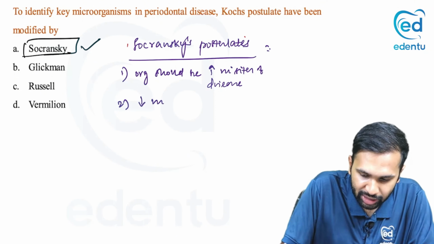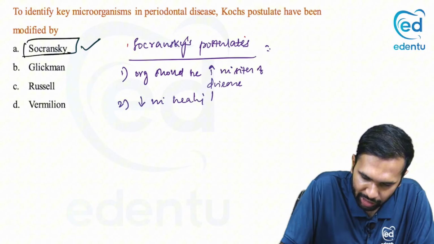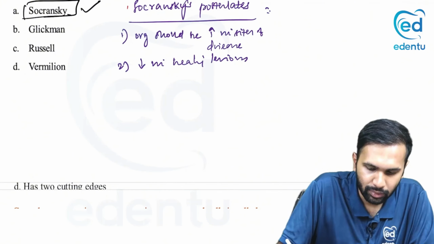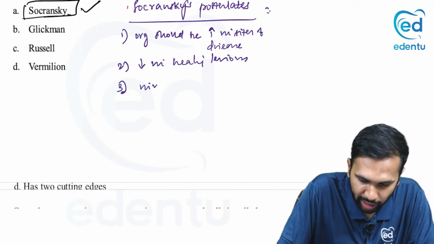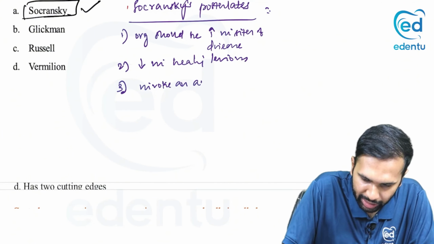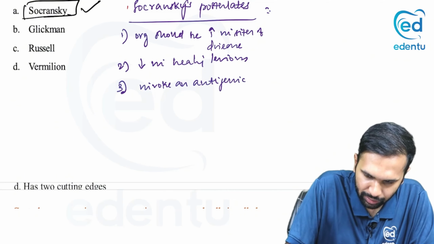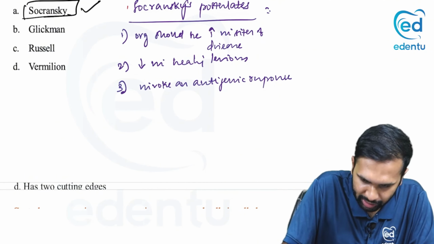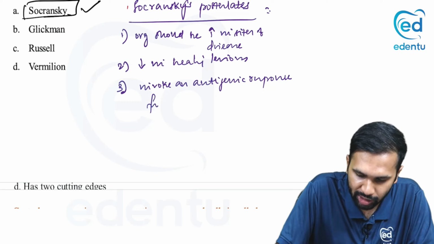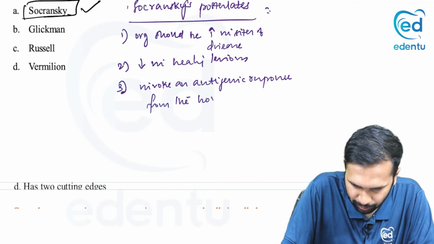They should be decreased in healing lesions. These organisms should invoke an antigenic response from the host, like that of periodontitis.